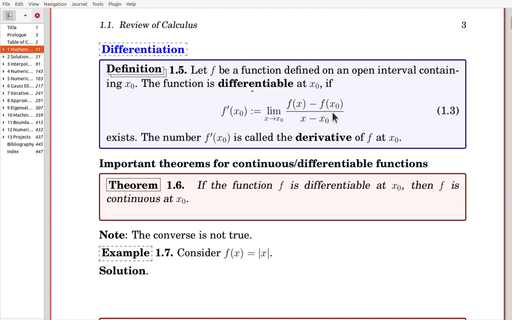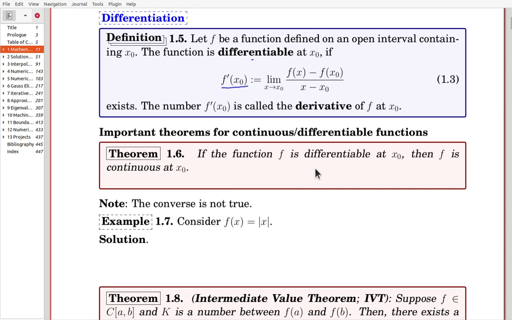This quotient represents the average slope between x and x0. Now, as x approaches x0, once the limit exists, then that is the derivative of f at x0, and we are using such a notation. You learned this at the beginning of calculus.